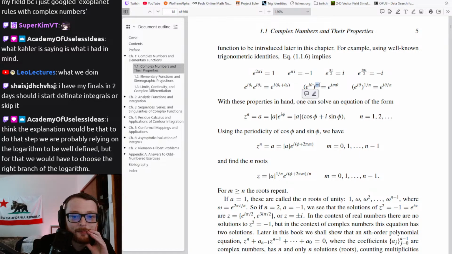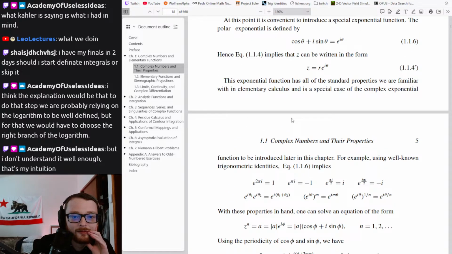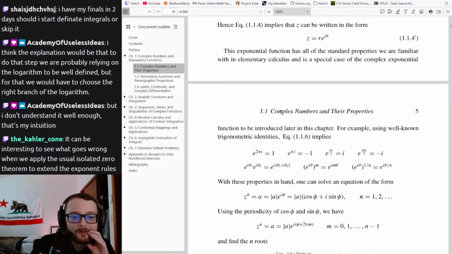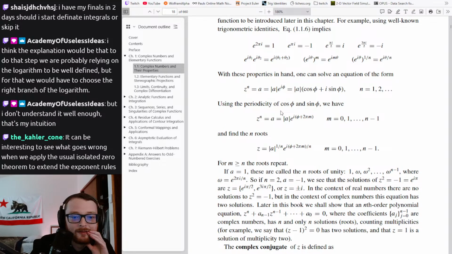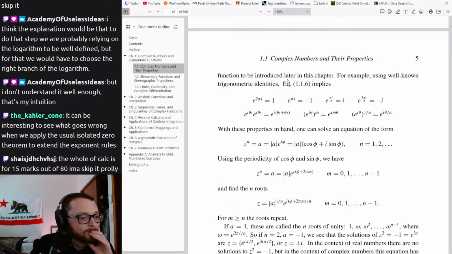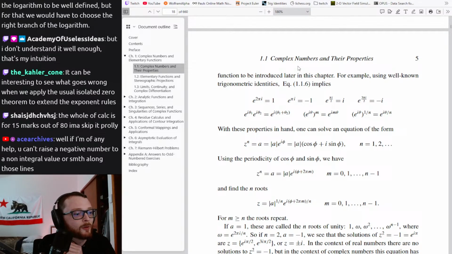Okay, presumably m and n are real numbers. All right, Shy, up to you. An explanation would be that to do that, we're probably relying on the logarithm to be well defined. We have to choose the right branch of the logarithm.